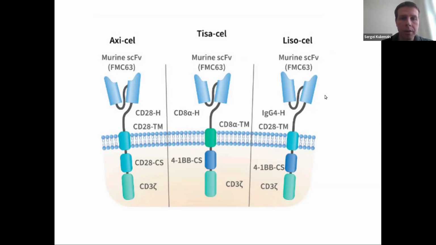All of these three chimeric antigen receptors employ FMC63 as the antigen recognition domain. They all use quite similar hinges and transmembranes. The core difference is that Axicabtagene (Yescarta) employs CD28 signaling, and the two other products employ 4-1BB signaling.